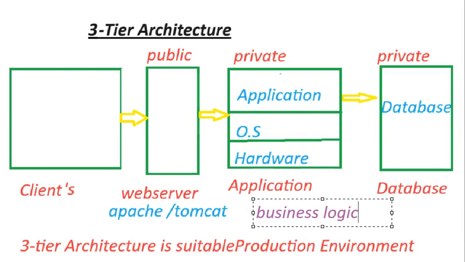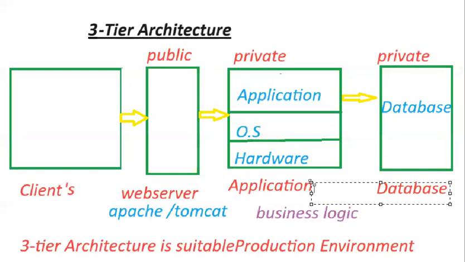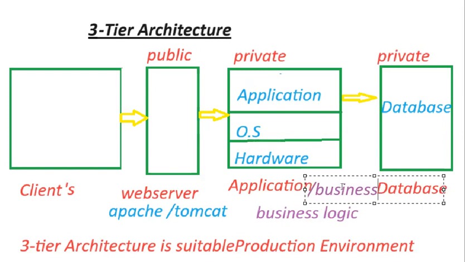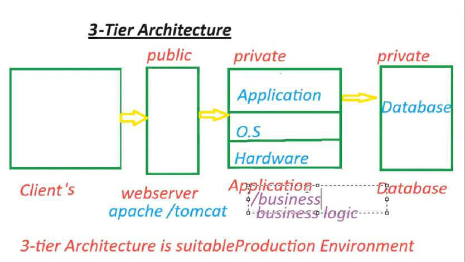So that's why we can even call it the application layer, or else we can even say this as the business layer. Coming to this database layer, since it holds the database, we call it the DB layer. That is nothing but the database layer.